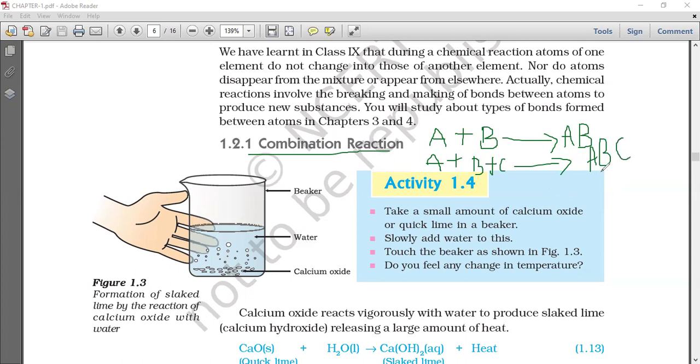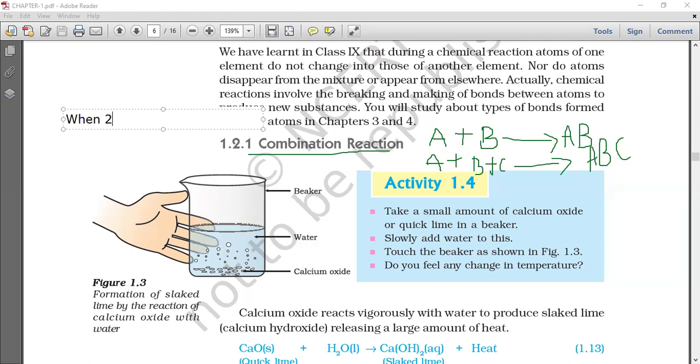If I give you the definition of a combination reaction: how many alphabets am I using on the left side? Two, right? So what will the definition be?